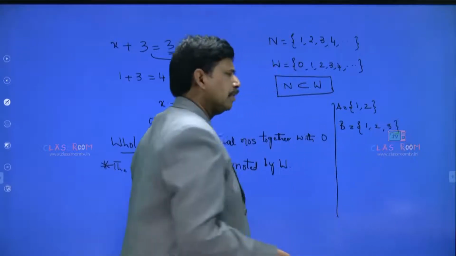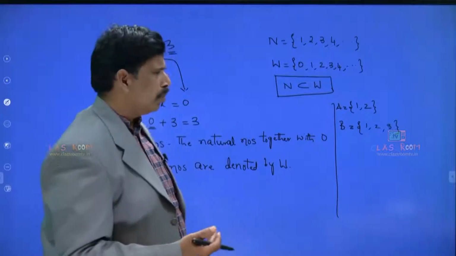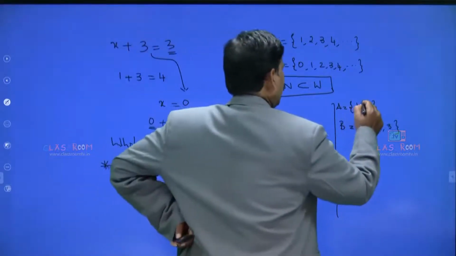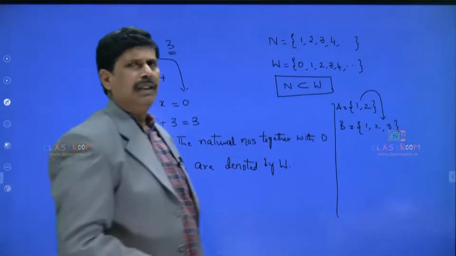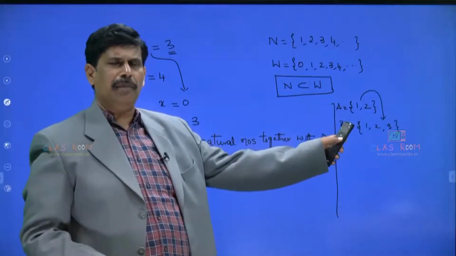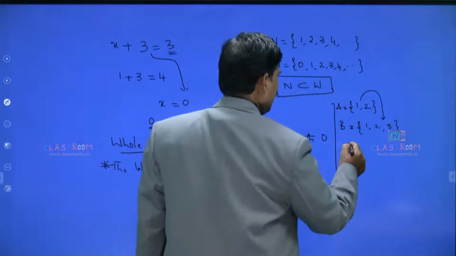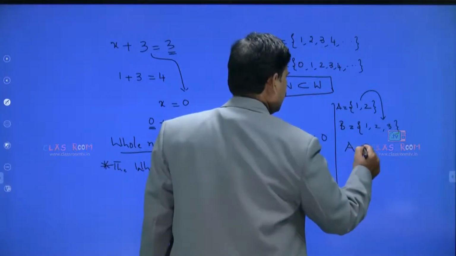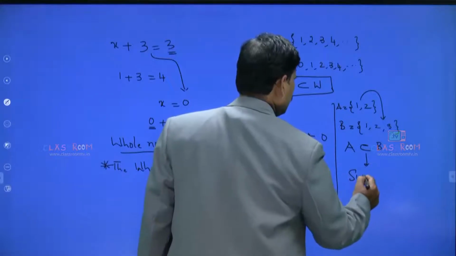Set A has 1, 2 and set B has 1, 2 and 3. So all the elements of set A, 1 and 2, are present in B. Then we say that set A is a subset of set B. So what is the symbol, children? This is the subset symbol.